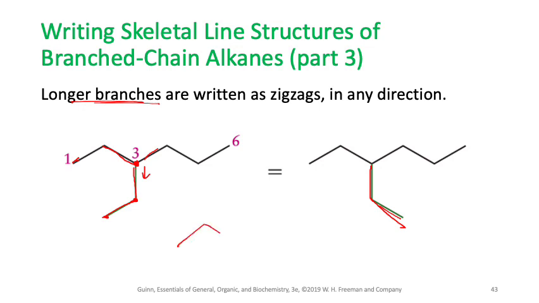For example, if I have one more branch on this, I can make a branch something like this, and if I have one more structure, the same molecule, I can make a branch something like this. So it doesn't matter which direction the branch is going, as long as it has the same number of carbon atoms. 1 2 3, 1 2 3, right? So keep this in mind.